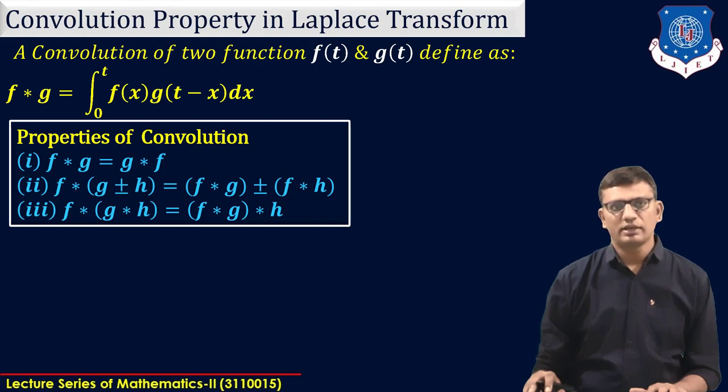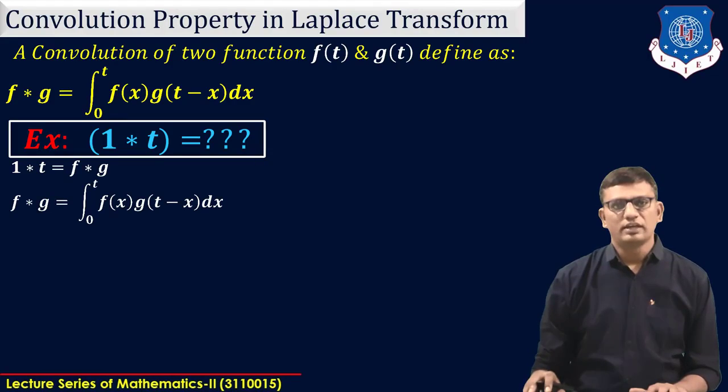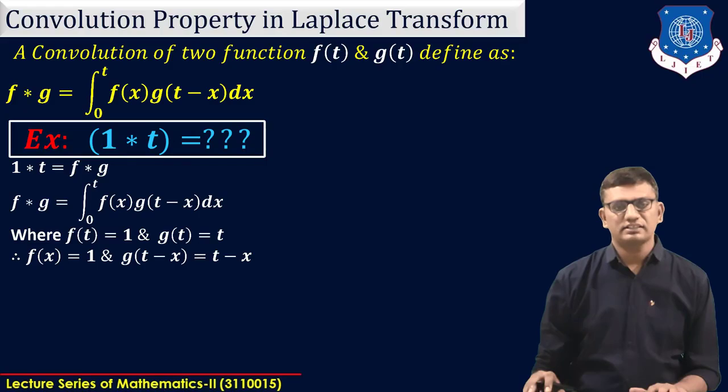Now we will see some examples of convolution. Find 1 star t. Here f star g equals 1 star t. Now f star g is the integration from 0 to t of f(x) into g(t minus x) dx. Here f(t) equals 1 and g(t) equals t. Therefore f(x) becomes 1 and g(t minus x) equals t minus x.